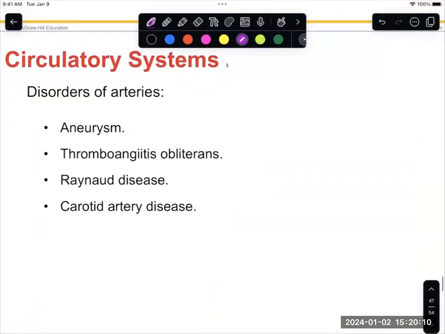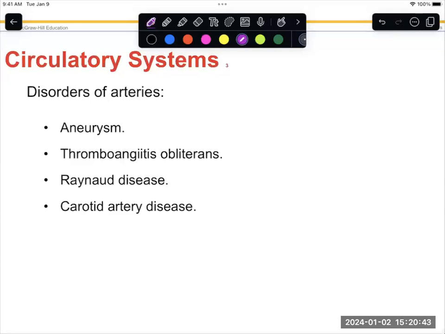Arteries. An aneurysm is a dilation of an artery caused by weakness in those walls of that vessel. Thromboangiitis obliterans is an inflammatory disease of arteries with clots or thrombus formation that's usually found in the legs. Raynaud's disease is spasm of these small blood vessels, these small arteries that supply the fingers, hands, and feet.